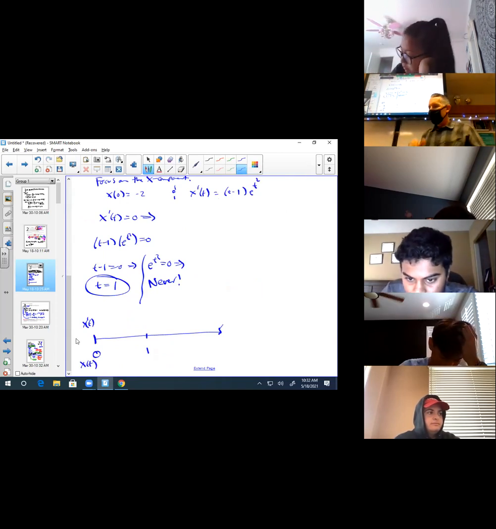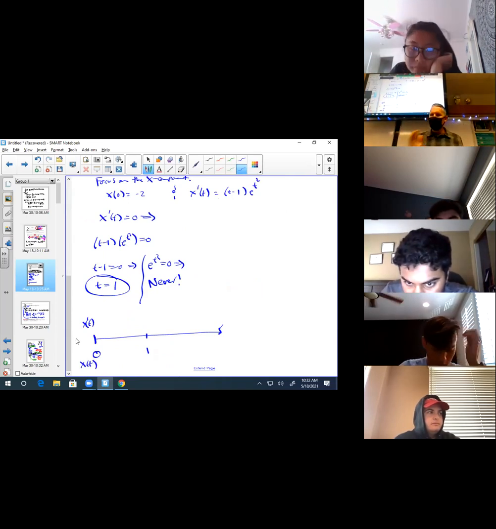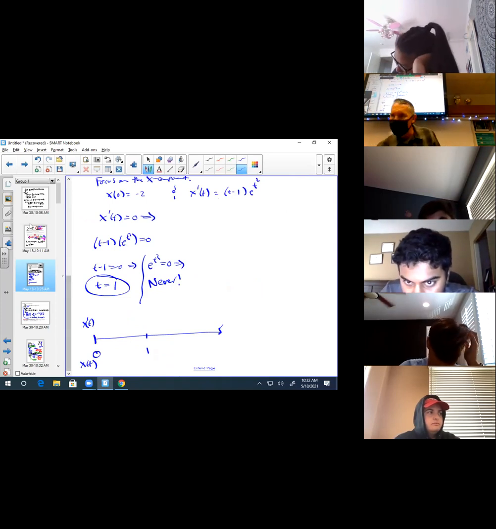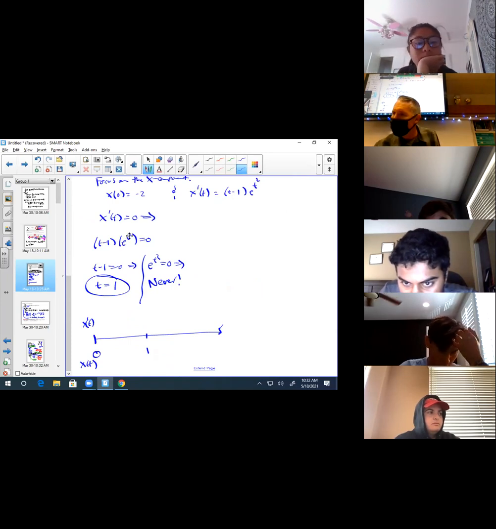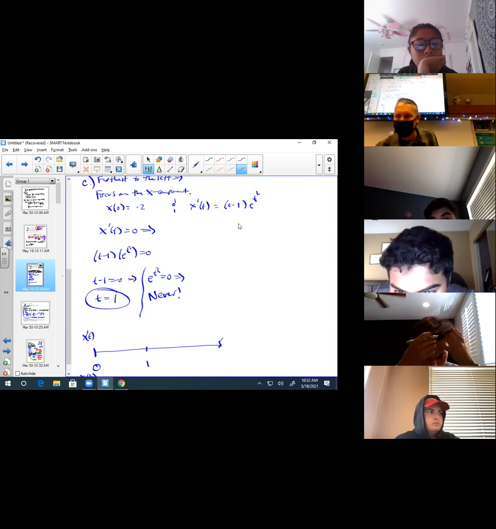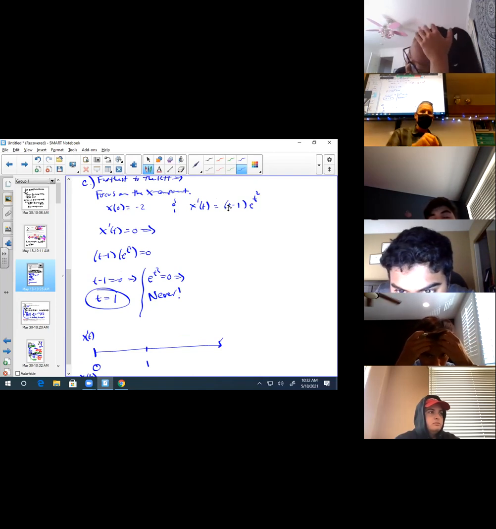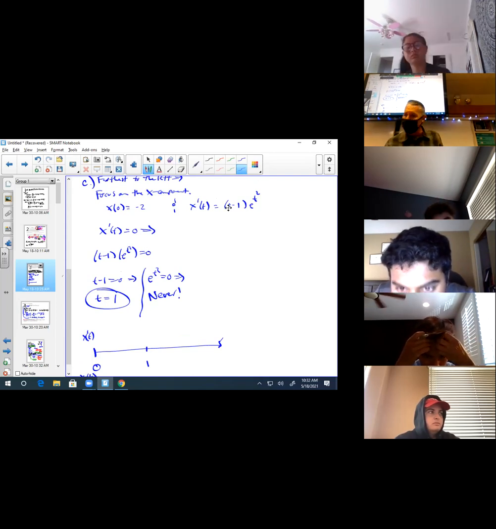So if I plug in something in between 0 and 1, something like 1/2, do you see that e to the t squared will always be positive? And then here, t minus 1, because that's what x prime of t is, when t is like 1/2, 1/2 minus 1 is negative. So negative times a positive is a negative.